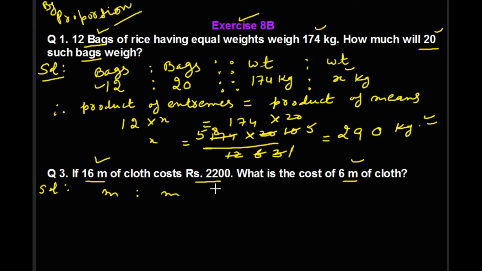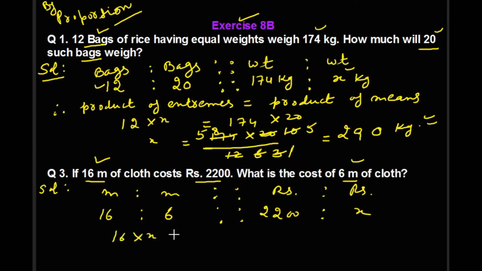So we will write meter ratio meter proportion rupees ratio rupees. Meter is 16 meters, ratio 6 meters, proportion price of 16 meters is rupees 2200, and 6 meters we have to find.